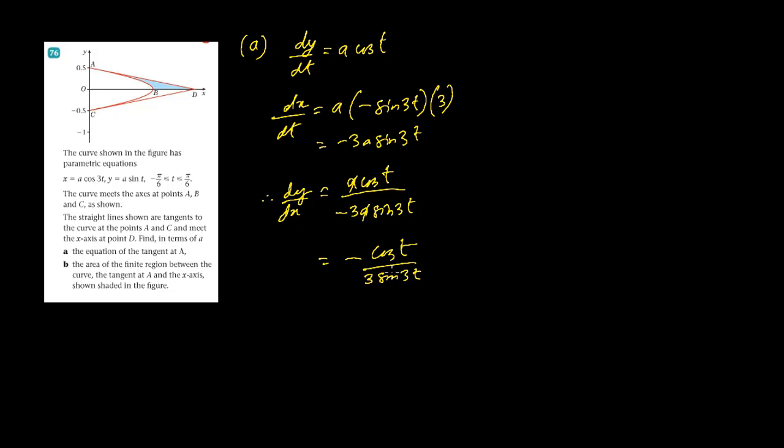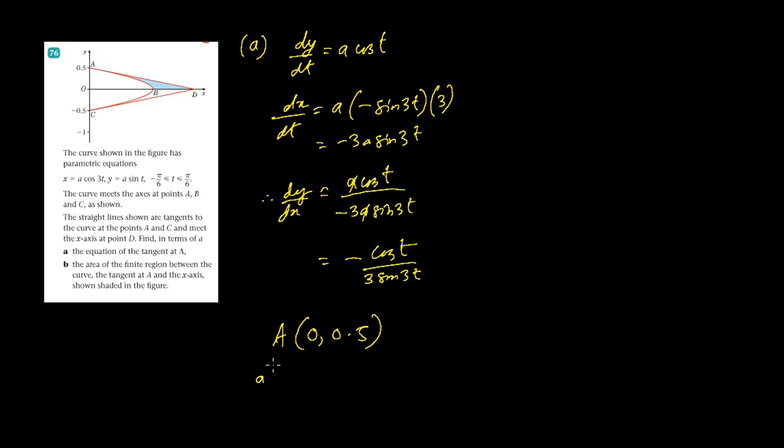So for finding the gradient, we need to find the value of t at that particular point. Now this time we know the point. The point A has x coordinate 0 and y coordinate half, or 0.5. So this time we have the Cartesian coordinate. Now we need the value of t. At the y-axis, the x coordinate is 0.